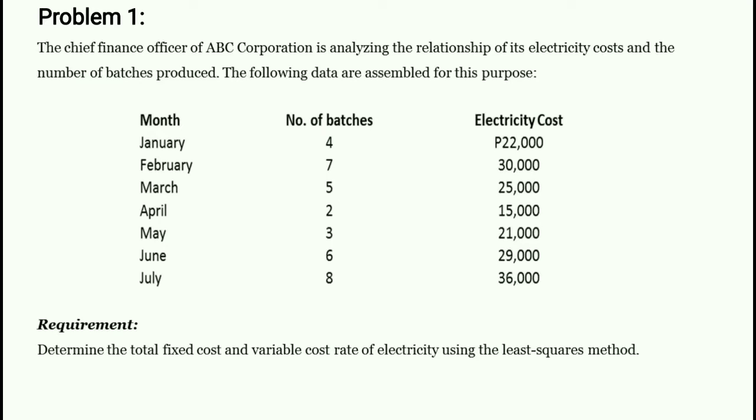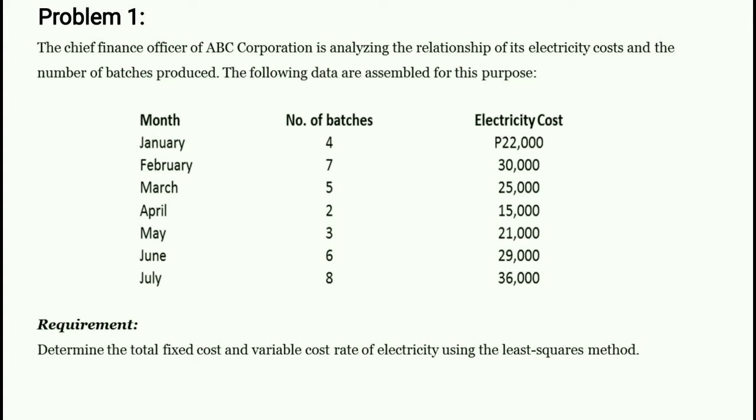For the month of April, the number of batches is 2 and the electricity cost is 15,000 pesos. For the month of May, the number of batches is 3 and the electricity cost is 21,000 pesos. For the month of June, the number of batches is 6 and the electricity cost is 29,000 pesos.